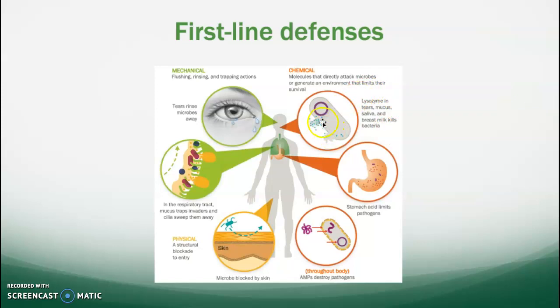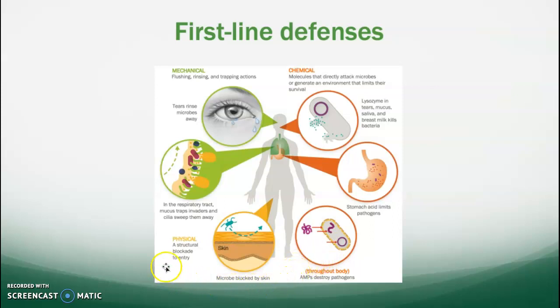It can break up the cell walls of microbes. We also know that in our stomach, we have hydrochloric acid, which is a digestive enzyme, but this also limits the growth of pathogens. And then I'll talk a little bit about these antimicrobial peptides. They're often referred to as AMPs, and these have the ability to insert themselves into bacterial cell membranes and break apart cells, and our body can produce these throughout the body.